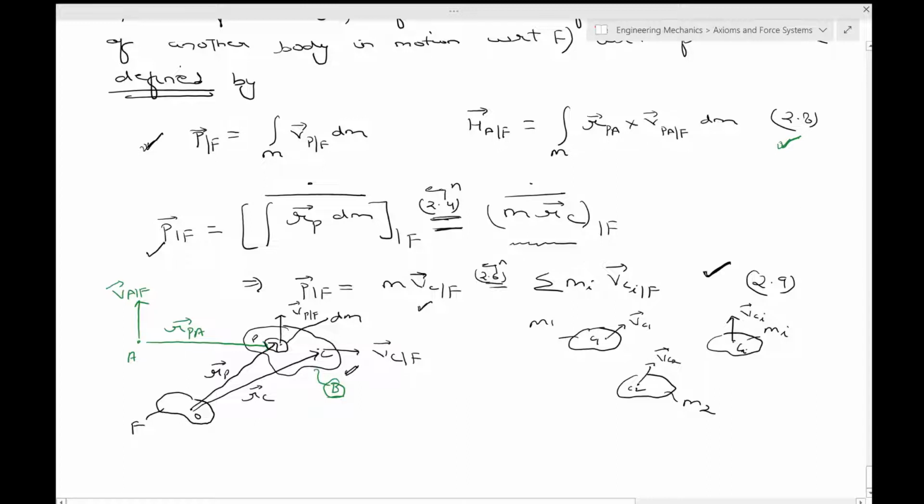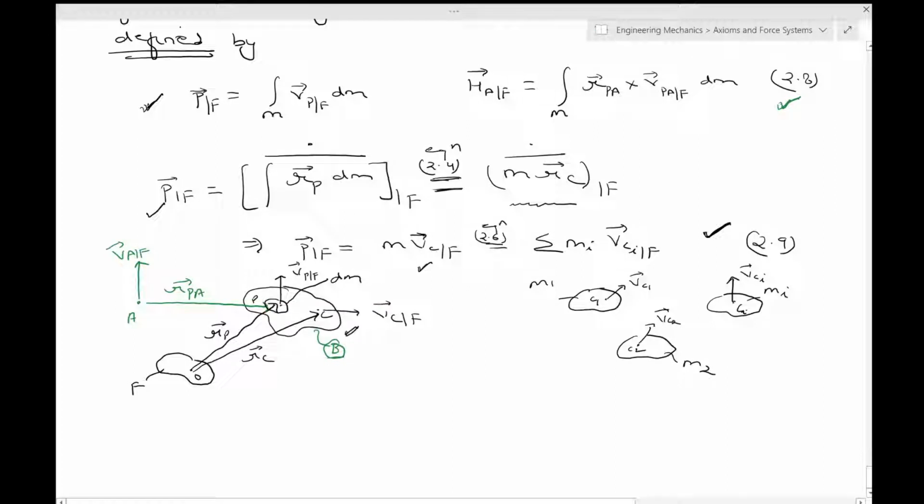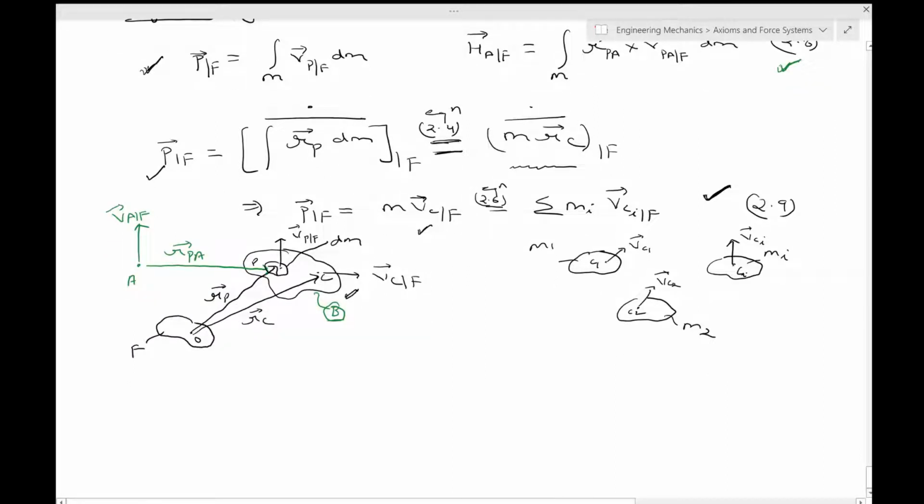Now we want to also write this definition, equation 2.9, in words.